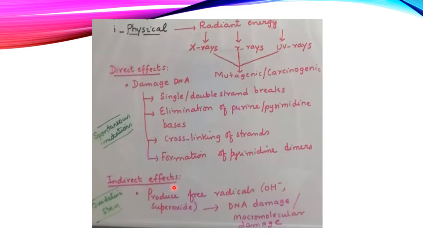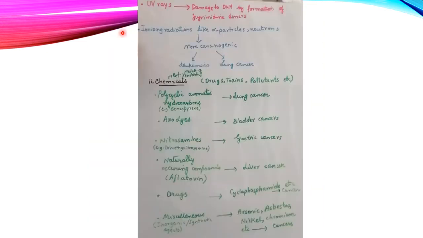Then in the indirect effects, first these rays produce free radicals, or reactive oxygen species, for example hydroxyl radicals, superoxides, and peroxides. Ultimately they all result in oxidative stress and damage DNA, and eventually DNA becomes impaired and it may result in cancer.